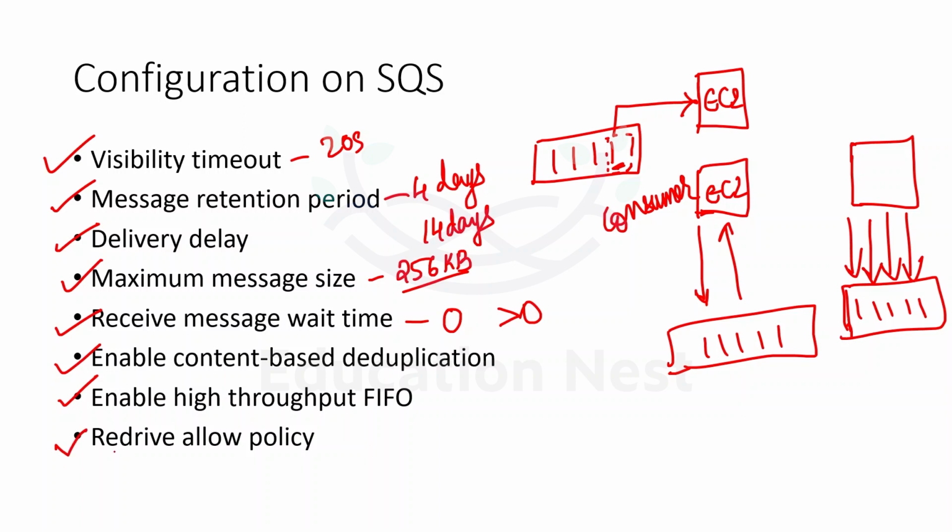Lastly, we have the redrive policy. It defines which source queue can use this queue as a dead letter queue. Now, what is a dead letter queue? If a certain message is processed multiple times and we still get an error, then that message would be put into the dead letter queue.